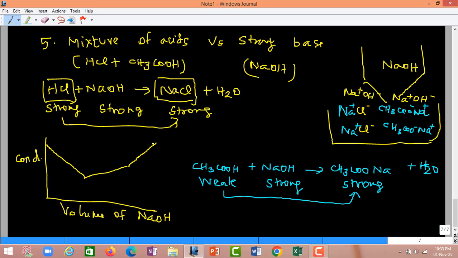with a different slope. The first change in slope corresponds to V1, which is the endpoint for hydrochloric acid. The second change in slope corresponds to V2, which is the endpoint for the mixture of acids. In the graph, the first endpoint corresponds to the endpoint for the strong acid, that is this here.